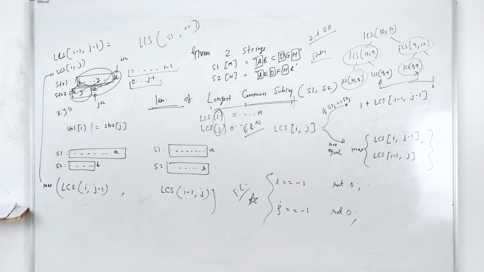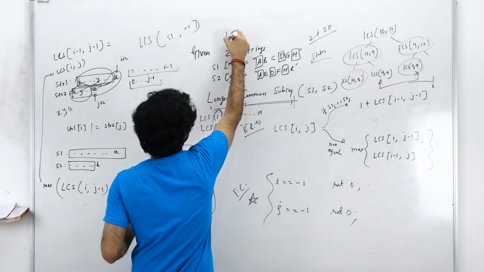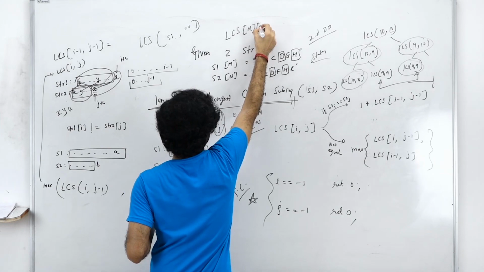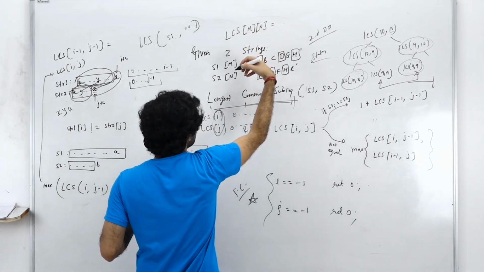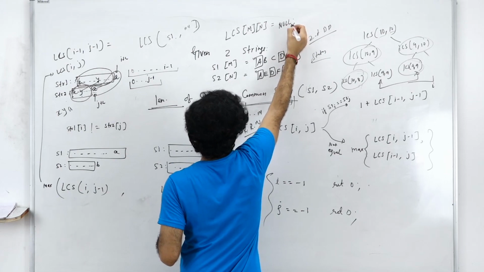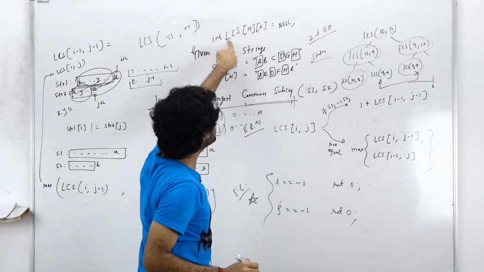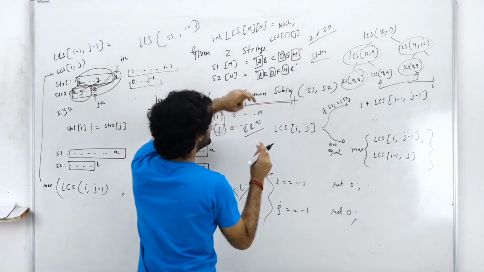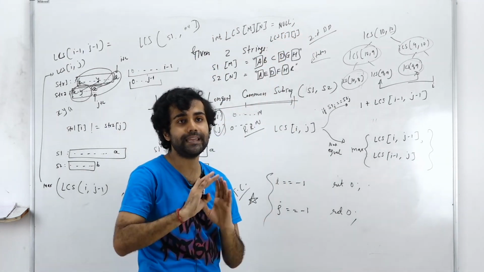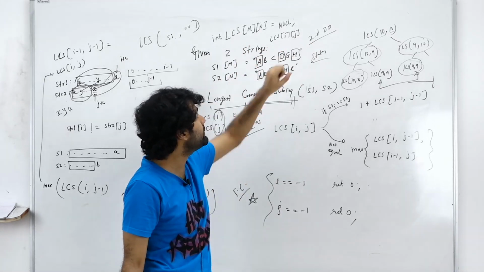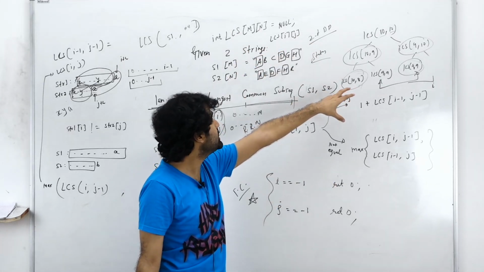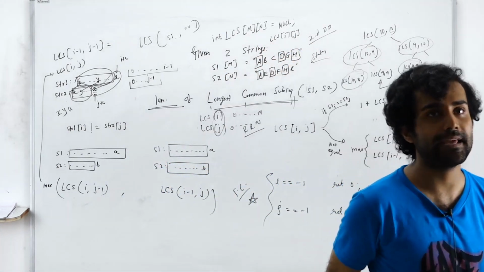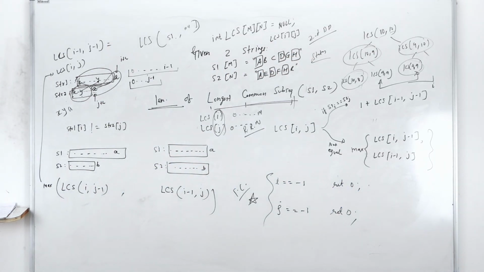So for this, I will create a memoization data structure called LCS[m][n], and I can initialize everything to null. This thing stores the answer of LCS(i, j). So initially I do not know the solution to any LCS(i, j). I have initialized everything to null. Now the moment I solve it, I will put it at its respective slot so that it can be reused the next time. Did everyone understand it? Yes or no?